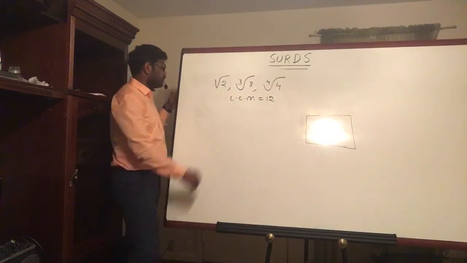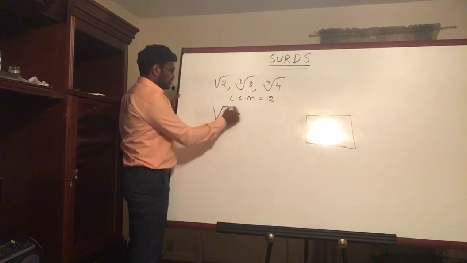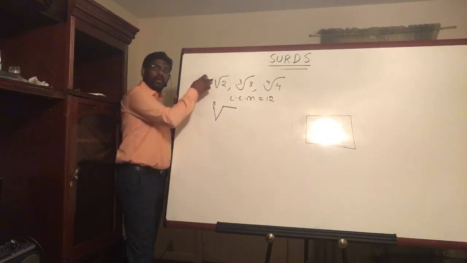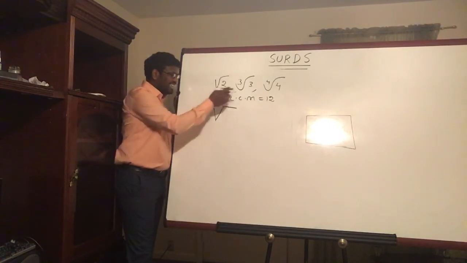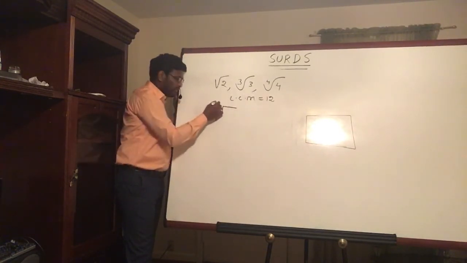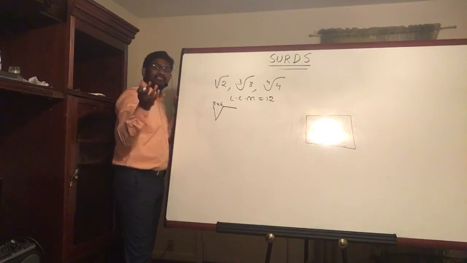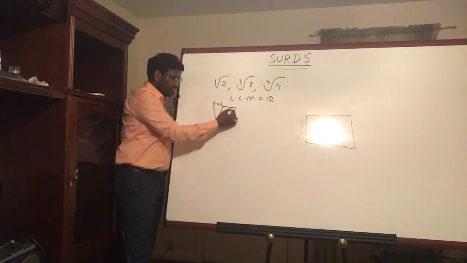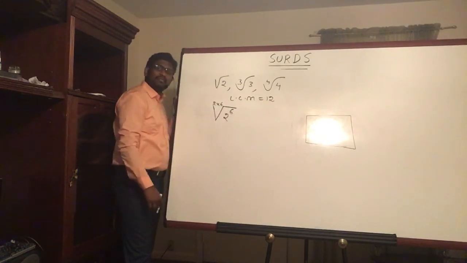For the first one, the order 2 is already there because square root means 2. To get 12, we need to multiply with 6, so this 2 becomes 2 power 6.